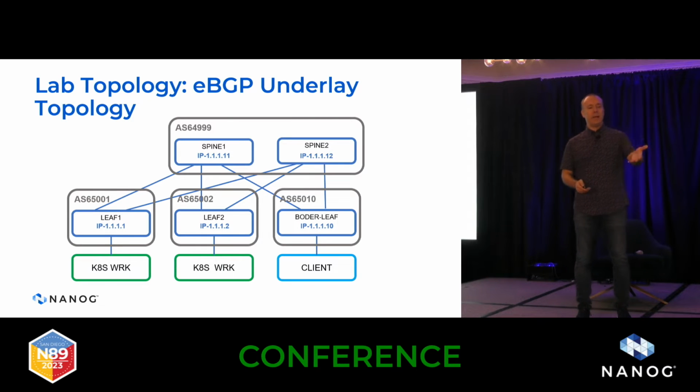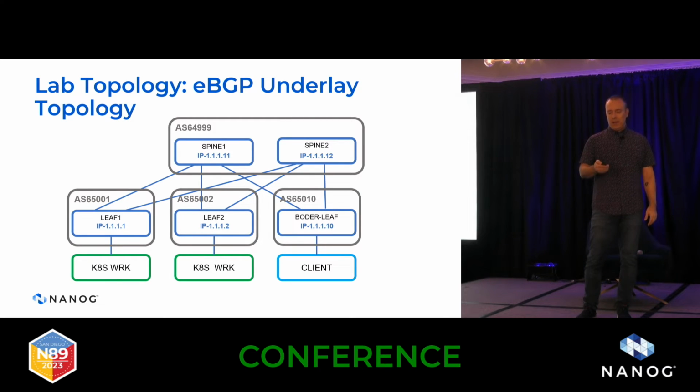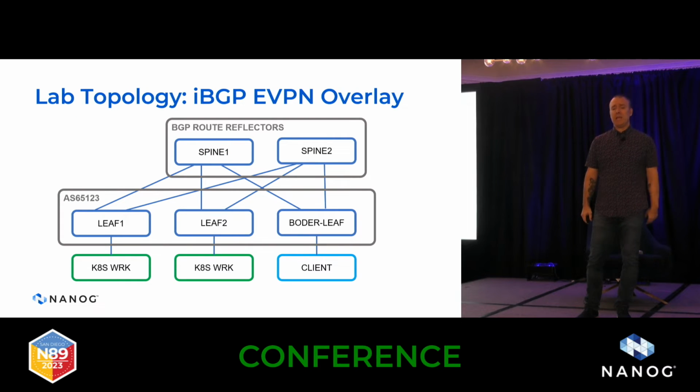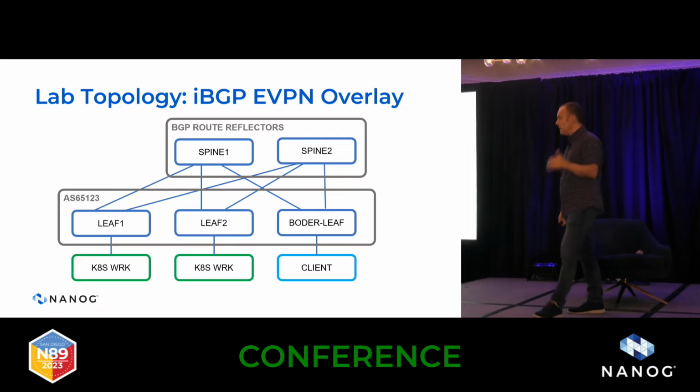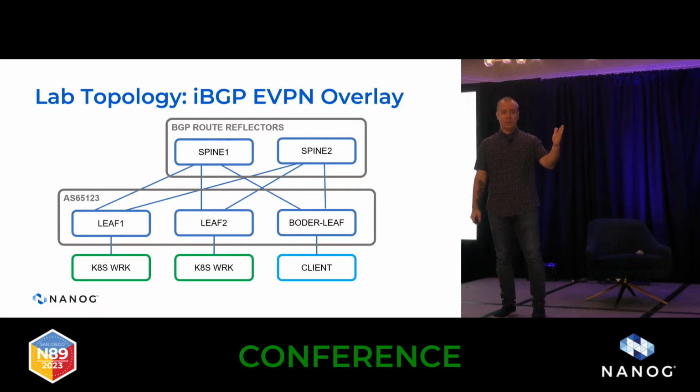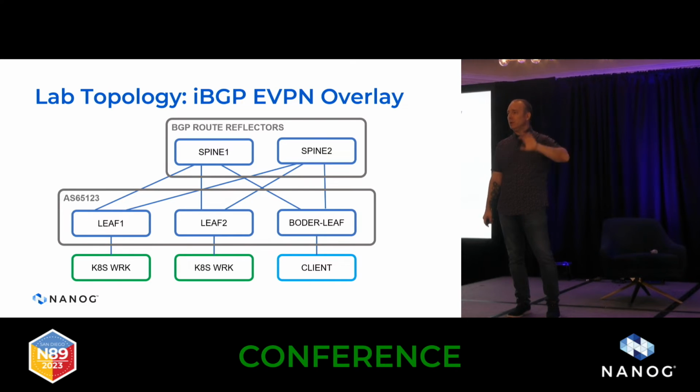Then I define my EBGP underlay. You can see also how I connected all the Kubernetes workers with every leaf. And also I define an EVPN for my network. And then here in this case, my MetalLB speaker through every worker node is doing the BGP peering with the EVPN domain, not with the underlay BGP.